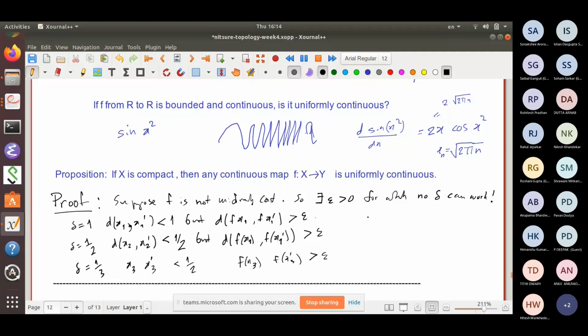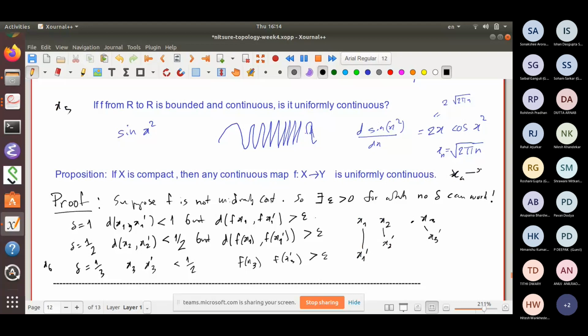So I have these two sequences. One is x1, x2, x3. It may be jumping all over the place. x4 may be here, and x5 may be there, and x6 may be here. But where is x1 prime? It's within distance 1 of x1. x2 prime is within distance half of x2. x3 prime is within distance 1/3.